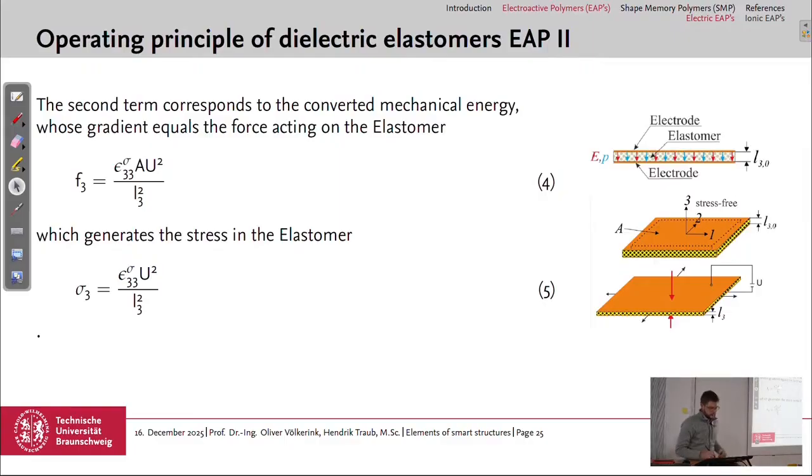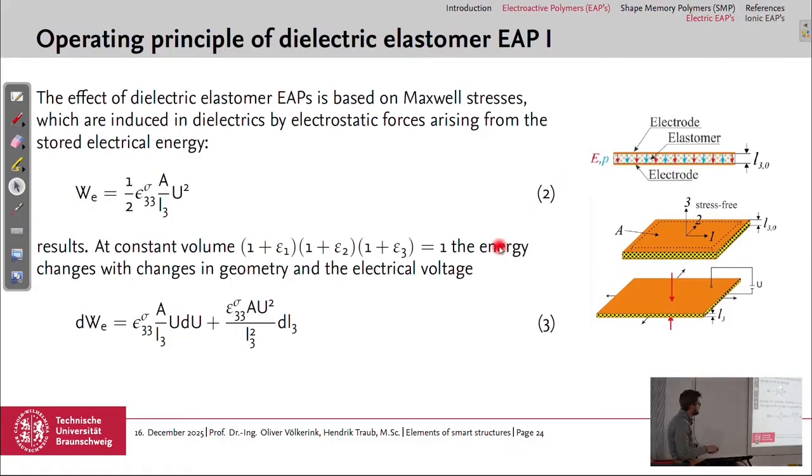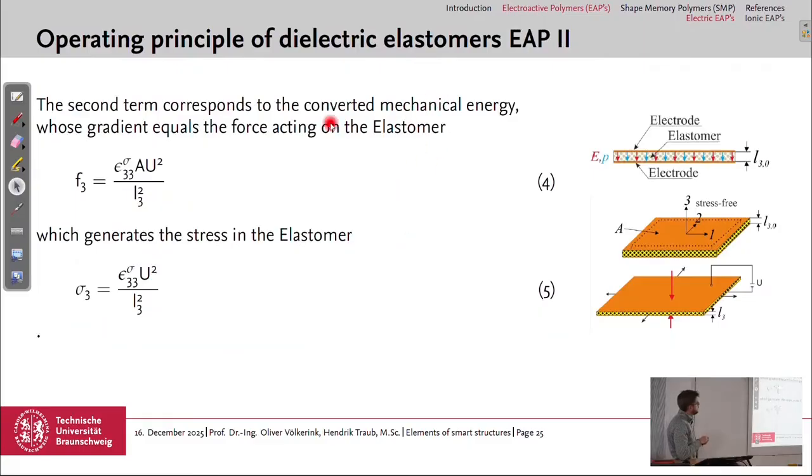So the second term in the change in the stored electrical energy corresponds to the converted mechanical energy, and this equals the force acting on the elastomer, and this also generates the stress in the elastomer.